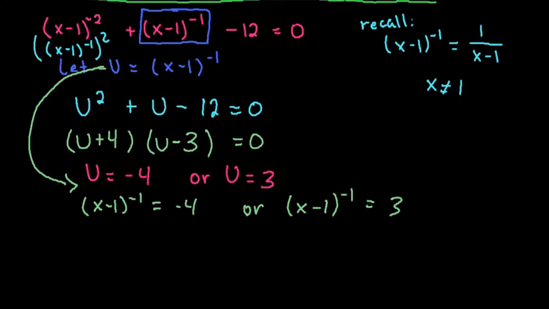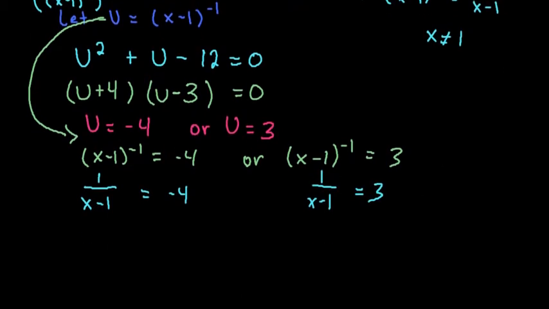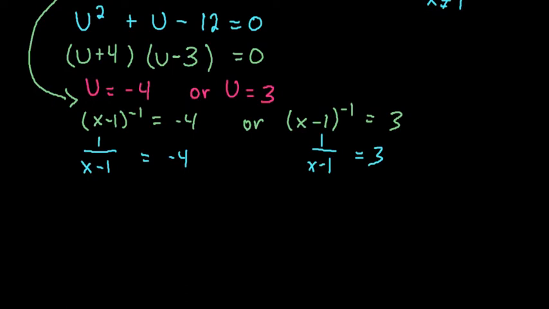Now we have two equations that we have to solve, and it's easier to rewrite them in the form that I was talking about before. So I'm going to rewrite this as 1 over x minus 1 equals negative 4, and rewrite the other one too. I'm just going to solve these simultaneously. You can do one at a time, whatever makes the most sense for you.